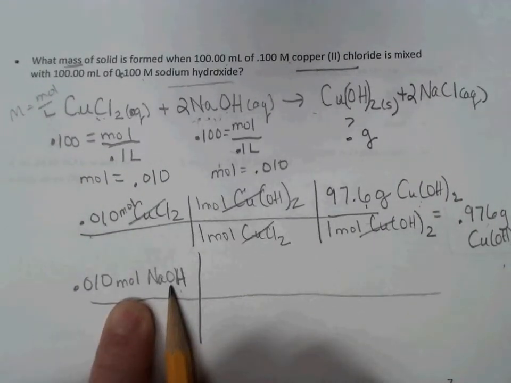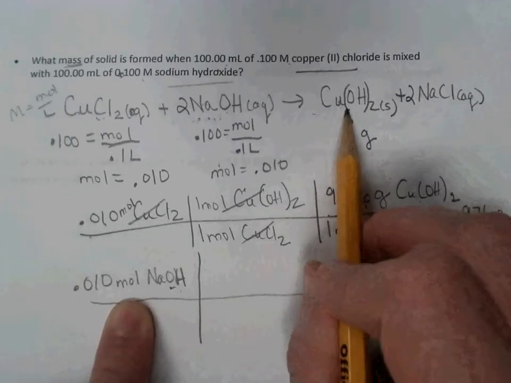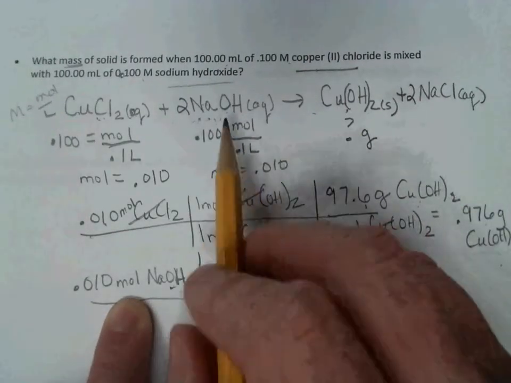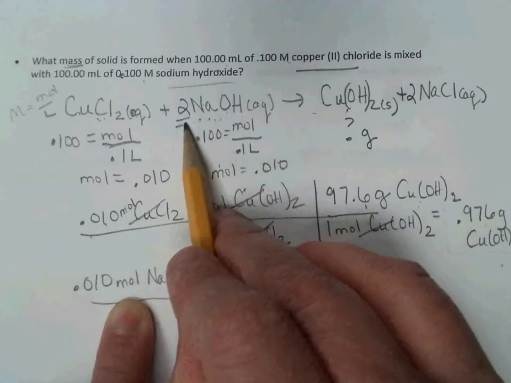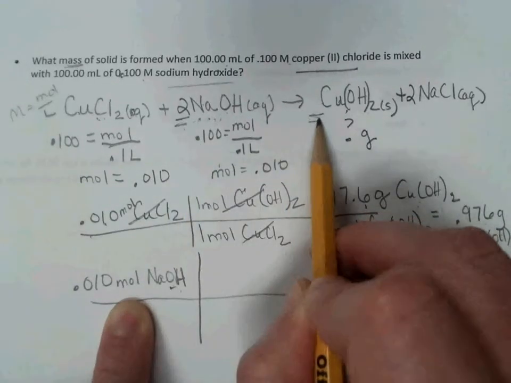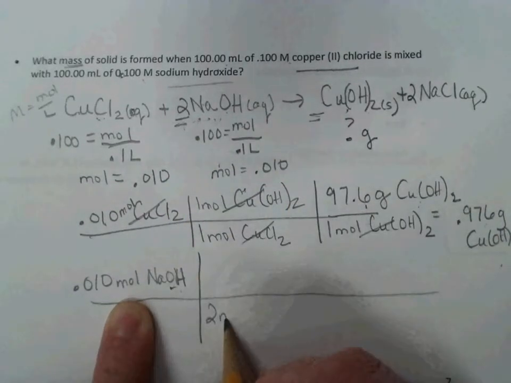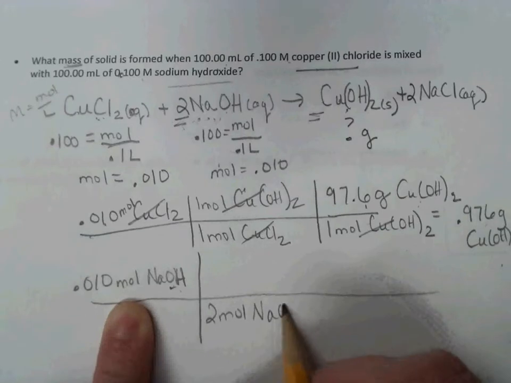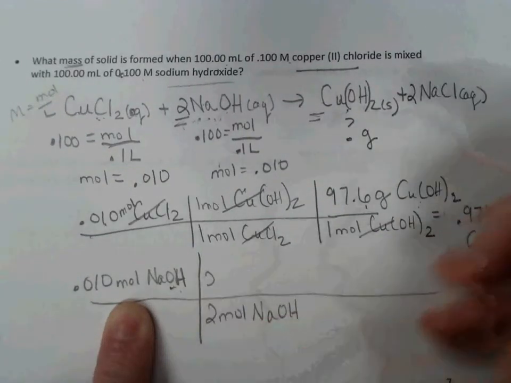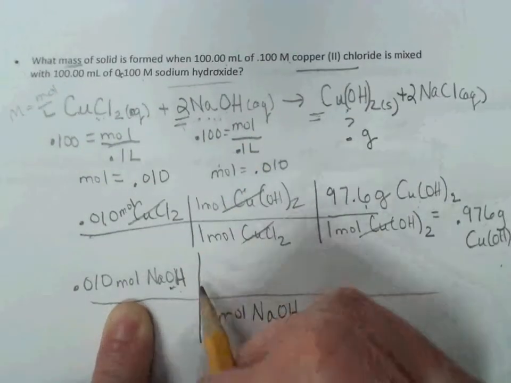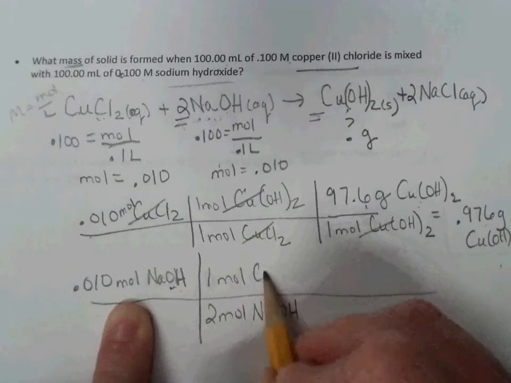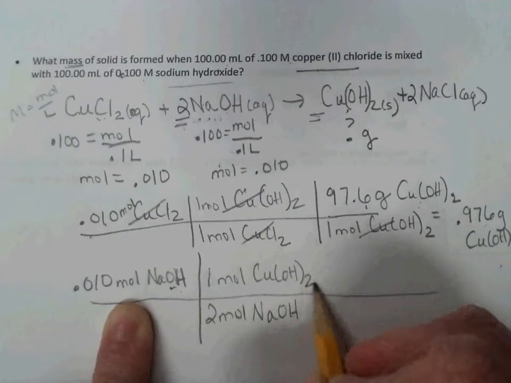All right, so how do I go from moles of this, now this is what Hunter was just talking about, moles of this to moles of the copper 2 hydroxide? I've got to go up here, right? For every 2 moles of that, there's 1 mole of that, okay? 2 moles of sodium hydroxide, 1 mole.